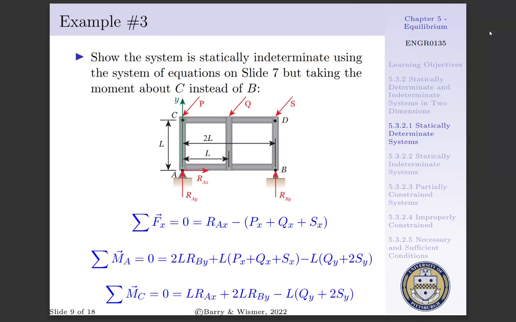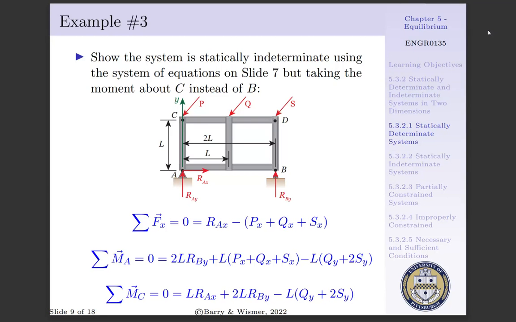Thus we would have L times Rax plus 2L times RBY minus L times the quantity Qy plus 2Sy being equal to 0. We see from our summation of forces in the x direction, we already have an expression for Rax. And from our summation of moments about point A, we already have an expression for RBY.